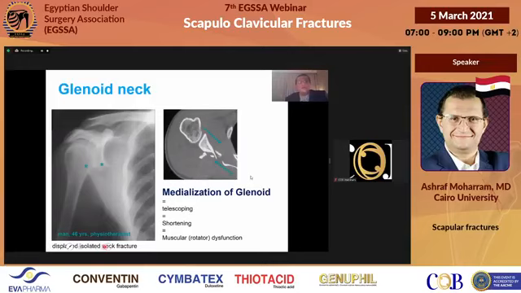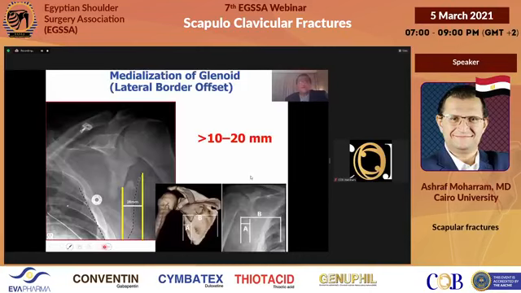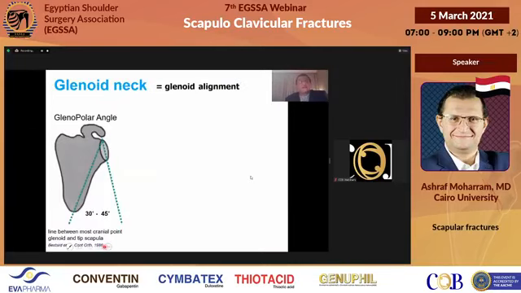This medialization represents telescoping or shortening of the width of the scapula, to be more accurate, and this is associated with muscular or rotator cuff dysfunction. If the medialization is more than 10 to 20 millimeters, then we probably will have dysfunction of the muscles around the shoulder, especially the rotator cuff, and this needs fixation.